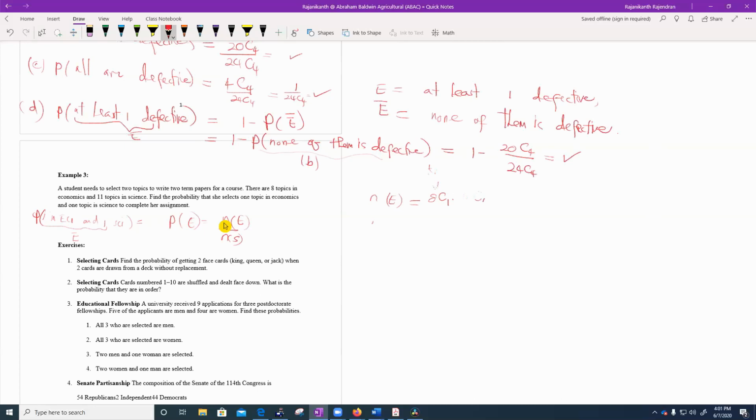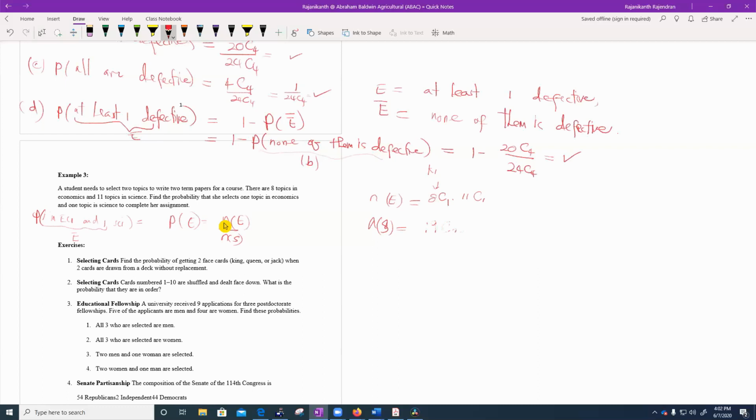Okay, but what is n of S then? n of S comes from the sample space, all the collections, right? So you need to choose two topics out of how many topics in total? In total, she has 11 from science and 8 topics from economics. So she has 19 topics in total. Out of 19, she has to choose two. So this is the number of possibilities in the sample space.